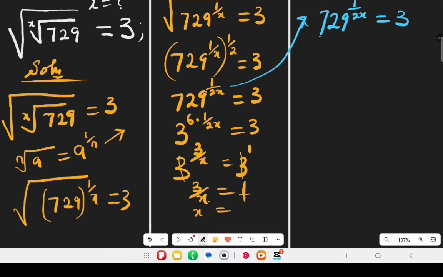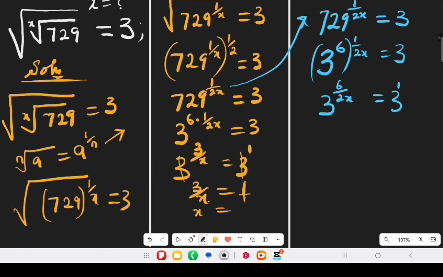What we do, we change 729 to base 3, which gives us 3 raised to the power of 6 times 1 all over 2x equals to 3. And when we multiply the powers, we are going to have 3 raised to the power of 6 all over 2x, which is equal to 3 raised to the power of 1.